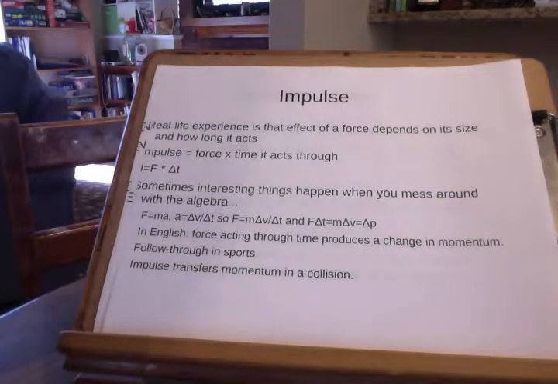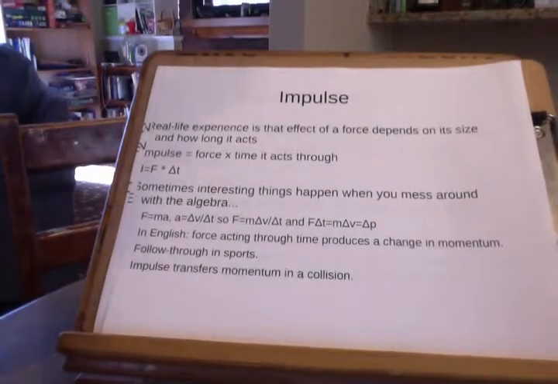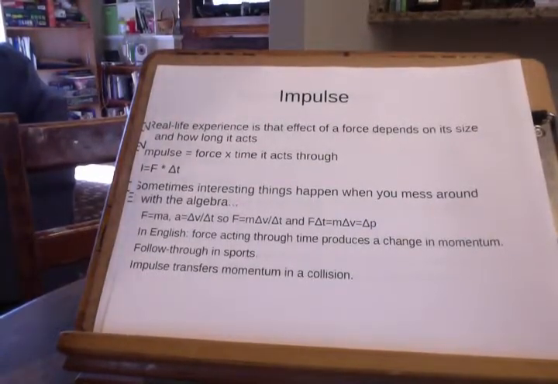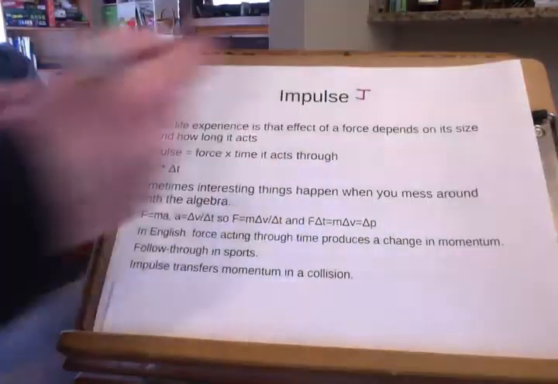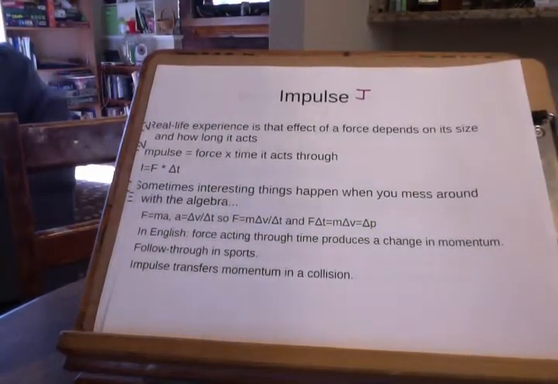We have a quantity that summarizes change in momentum. We call that quantity impulse, symbol J. The idea is that in real life, we know that the effect of a force depends not only on how big the force is, but how long it's acting on you.